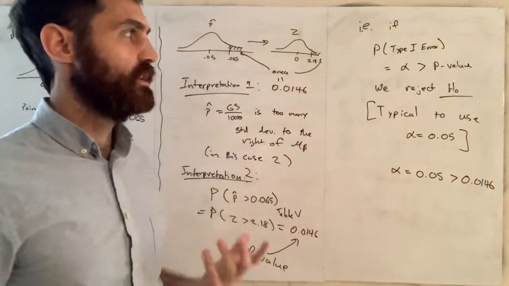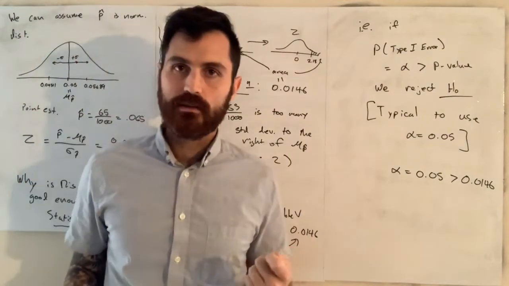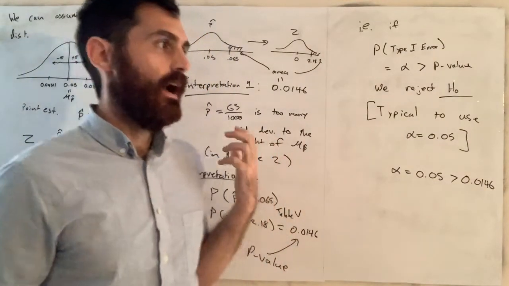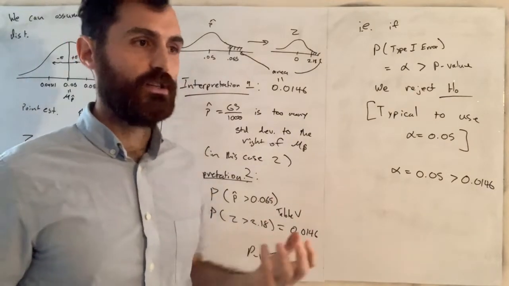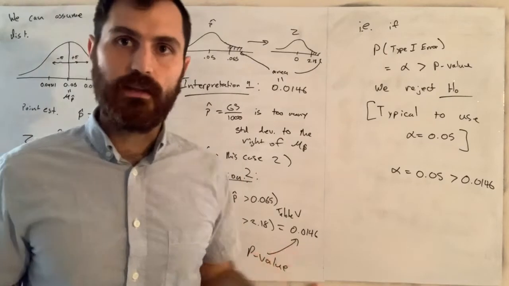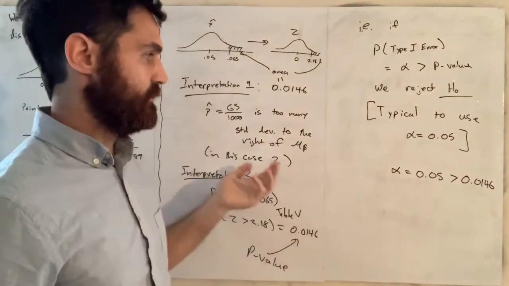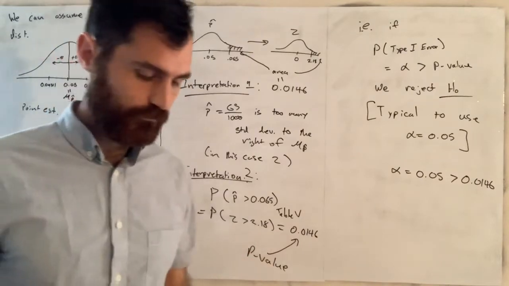So what does rejection of H0 mean? It means that our new frame of reference is there's enough evidence out there to believe that the number of vegetarians in the United States is higher than it was in 2015, or at least the proportion is going to be larger.